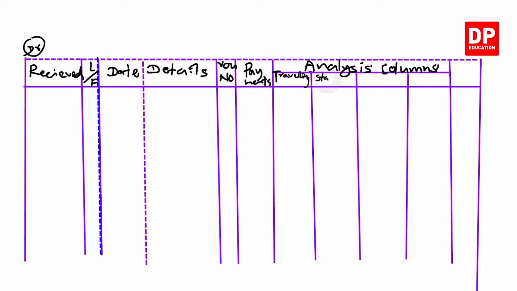Stationery. Sundry. Then ledger account column.